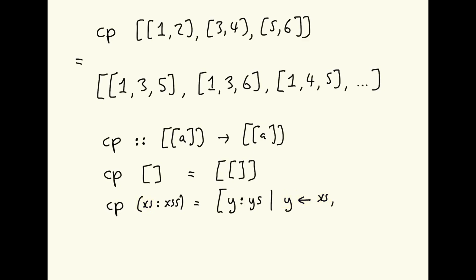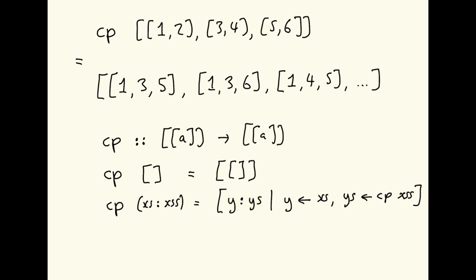And then what we're going to do is recursively choose all possible lists ys from CP of xss. And that's all possible ways of recursively processing the tail. And then we will package these two values up together as a list. Okay, and again, you might need to think a bit and maybe try and reconstruct this definition for yourself to see why this achieves the desired behavior.